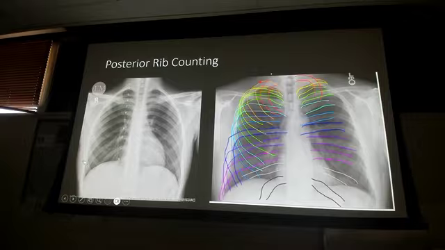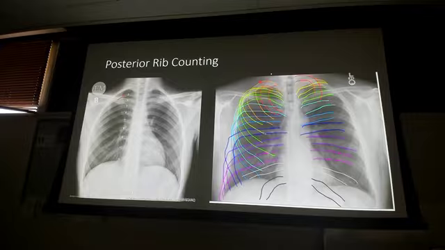So if I count my posterior ribs by starting with anterior and going, okay, there's 1, there's 2, and at 3, I stop because 3 is clearly delineated from 1 and 2. And on almost every chest x-ray, 3 will have that gap. So then once you get to 3, now I can go, okay, that's 3. Now I don't need to do that anymore, right? Because I can clearly see the posterior 3. Now I can count from there and I can go 4, 5, 6, 7, 8, 9, 10. Does that track in that aspect, right?